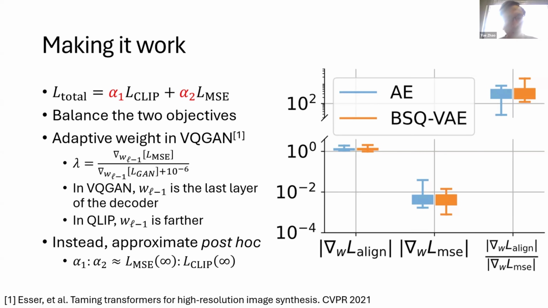So computing this adaptive loss weight is very expensive when training in the real world. Instead, we use an approximation: we train the two models with the two losses separately, get the final loss values, and then use the inverse of these two loss values as the loss weights. And it just works. That's why we don't use adaptive weighting anymore.